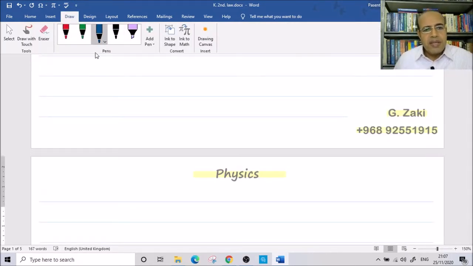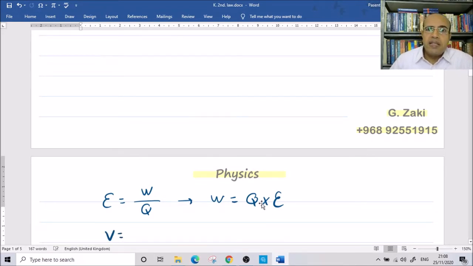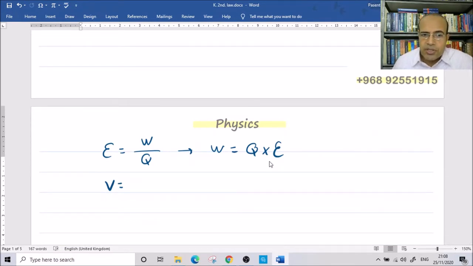We know that the EMF is the energy transferred per unit charge, so the energy equals Q times E. The EMF is the energy transferred from chemical to electrical per unit charge, inside the source or battery.